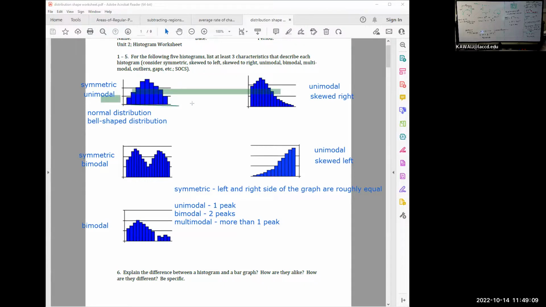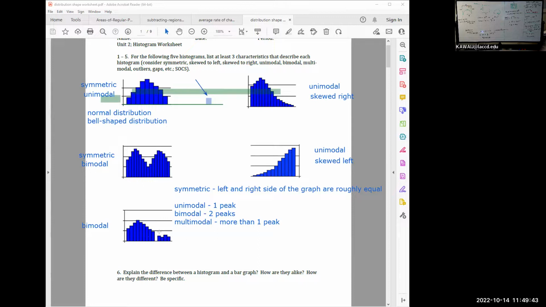Now, let's say this curve kept going out here, and you had a small bump that looked like this right here. So here's my distribution, and then I have one or two people way out over here. Okay. This thing that is completely separated, where you have a unique one or two people, not a group.